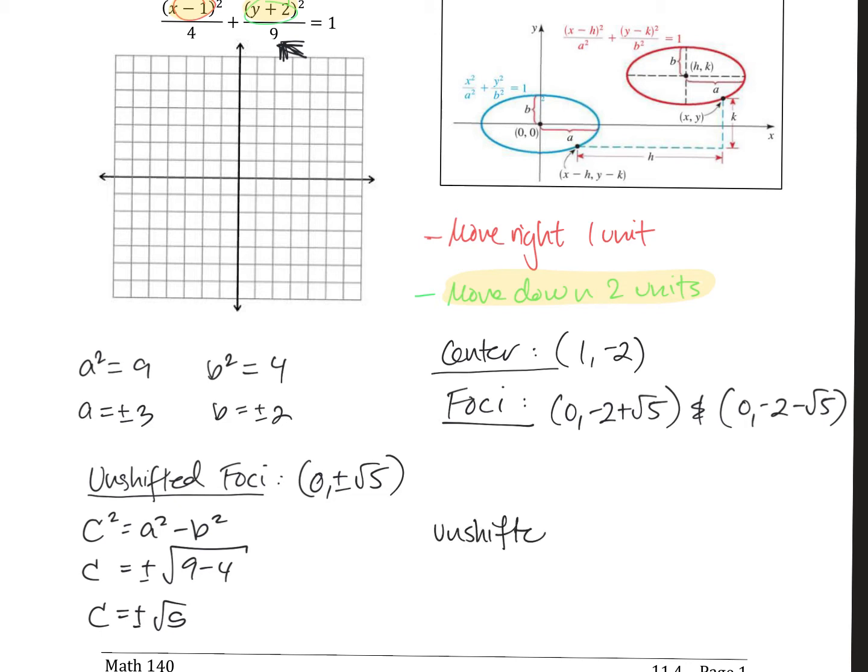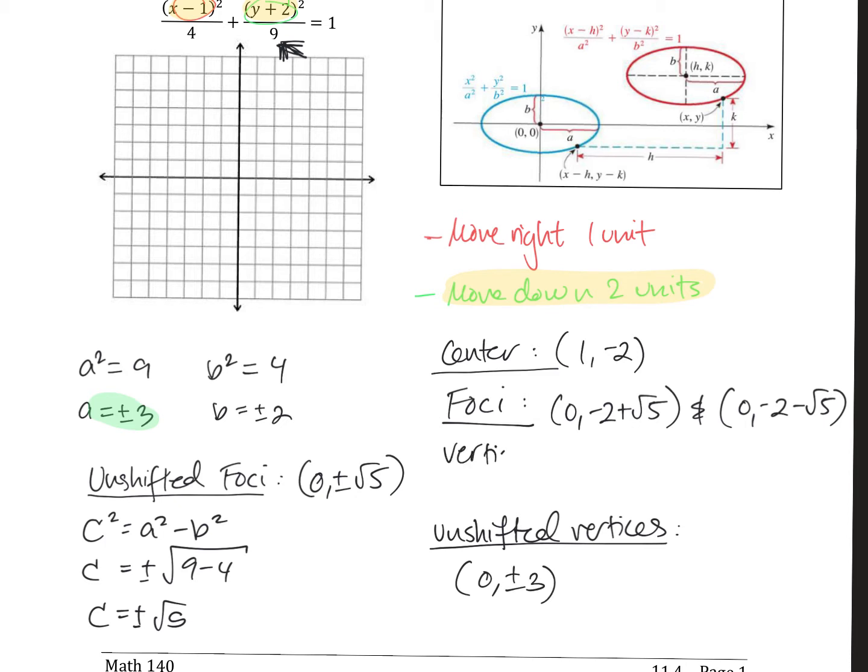Now, next thing to do, slightly running out of space, but let's go ahead and write down unshifted vertices. So for the vertices, if you recall, those are going to be 0, and then they are the a values. This is for the unshifted. So it'd be plus or minus 3. And be careful with your labeling here because we are working with different values.